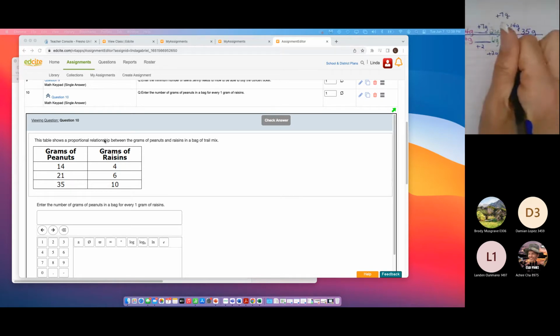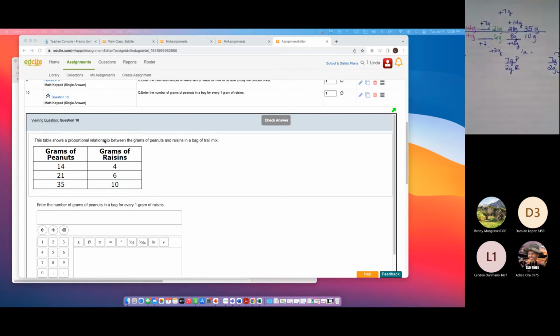So I'm down to 7 grams of peanuts for every 2 grams of raisins. Right, that's my proportional ratio, 7 to 2. But I need to find the equivalent ratio for something over 1. And in order to get 2 equivalent to 1, I need to divide 2 by 2.